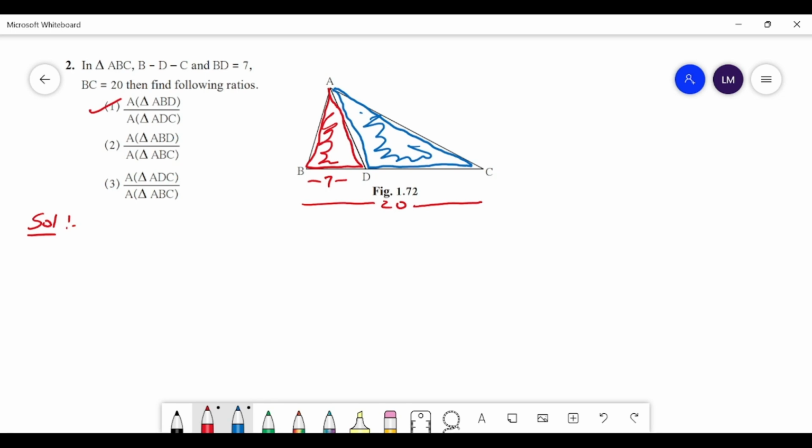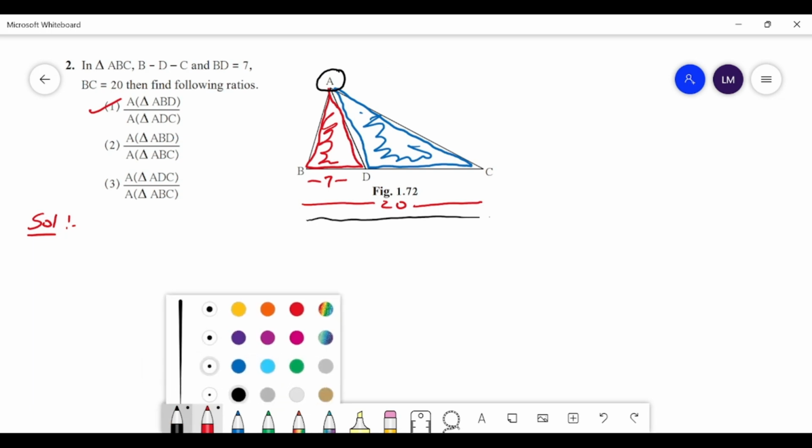Now students, check it clearly that whenever there is a common vertex for both the triangles and the opposite side or the base is in a straight line, then these types of triangles will have a common height, right? So we'll write this in the solution.